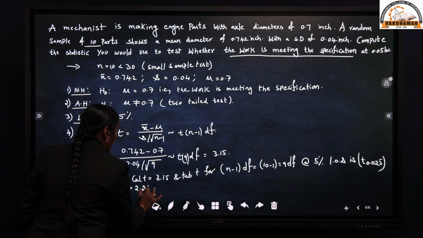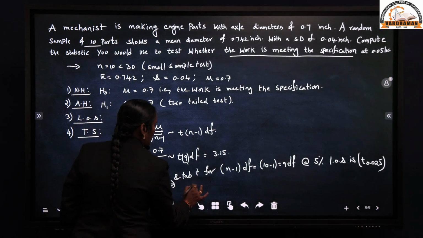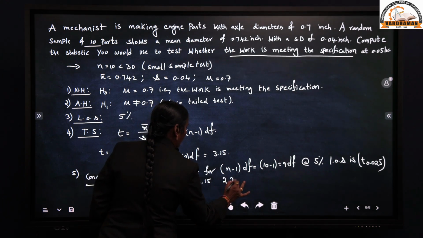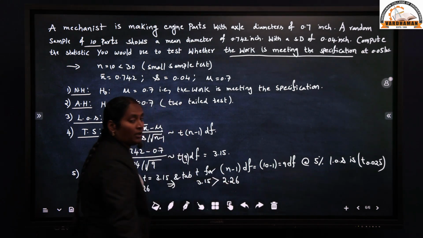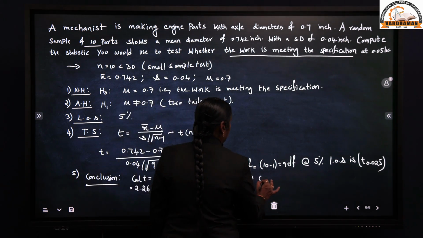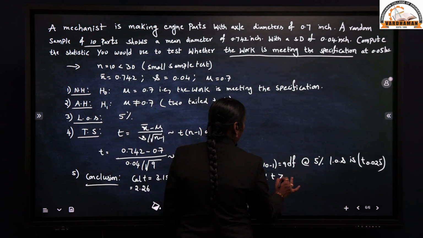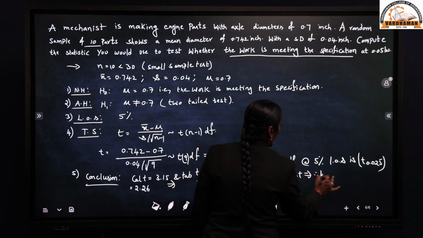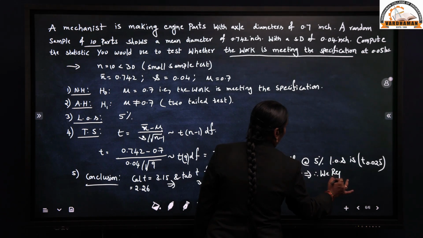Now we conclude by comparing 3.15 with 2.26. The calculated value is the greater value. So if the calculated value of t is greater than the tabulated value of t, we have to conclude that we reject H naught.